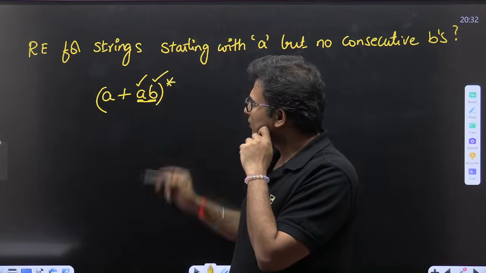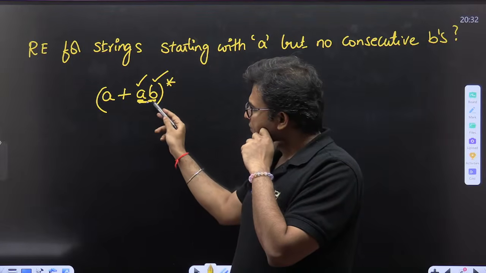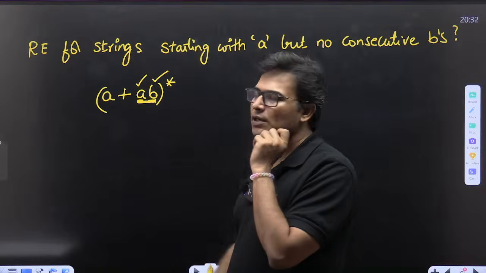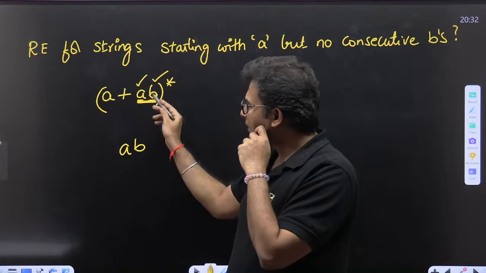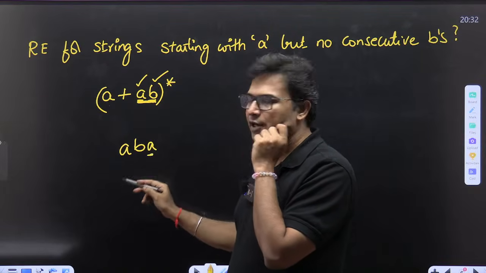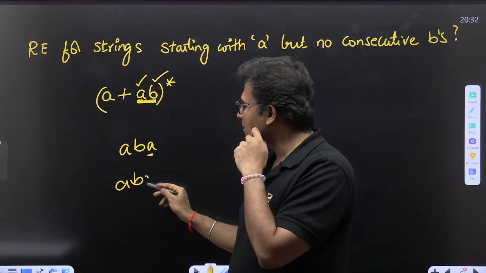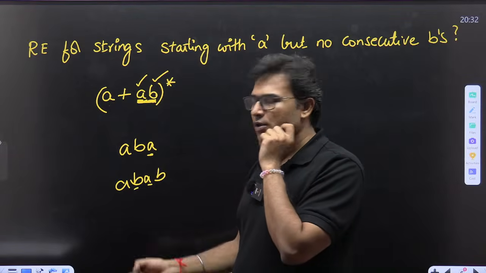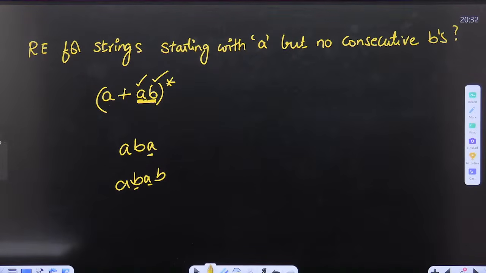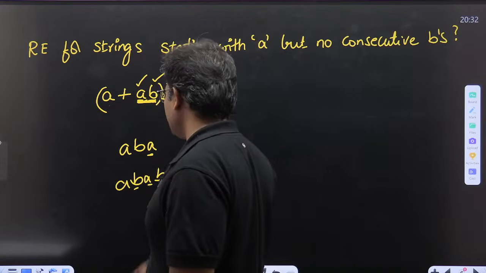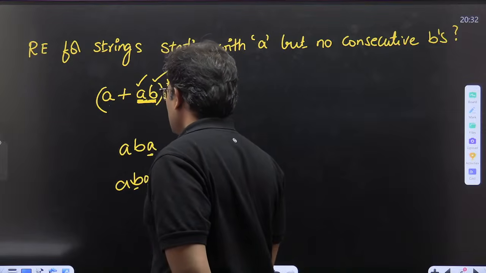Whenever I get a B, after that there will be no B, because if I use AB, then I have to use either A or AB. After a B, there is never a B.